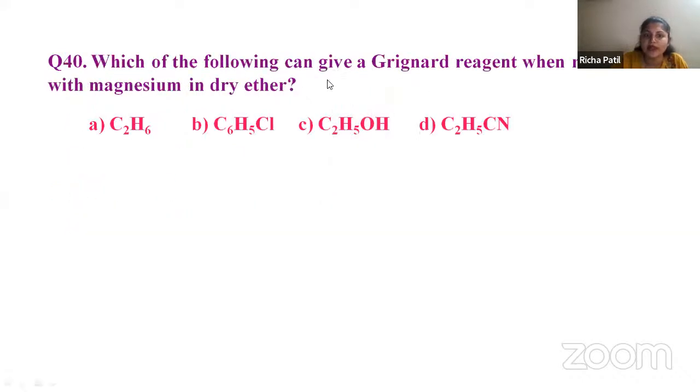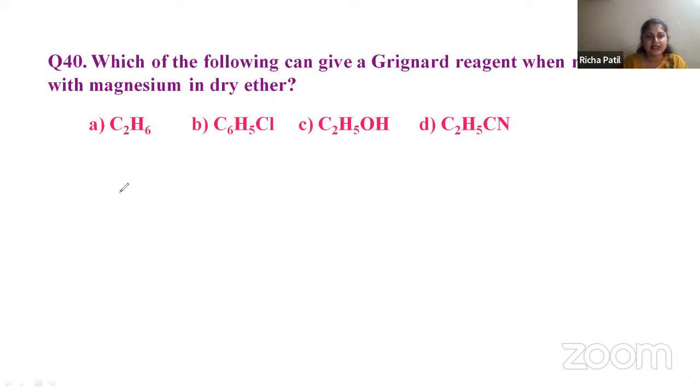Which of the following can give a Grignard reagent when reacted with magnesium in dry ether? Yes, B is the correct answer. How will I write the reaction?